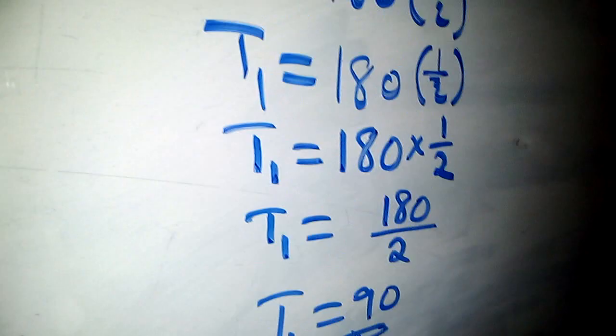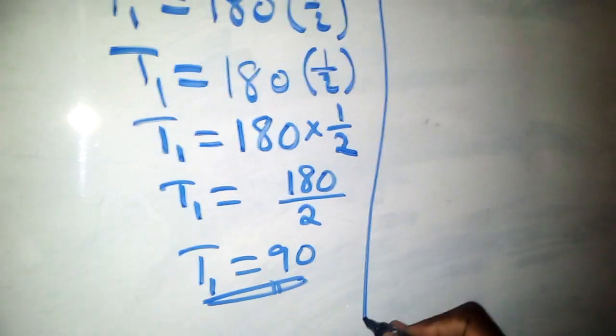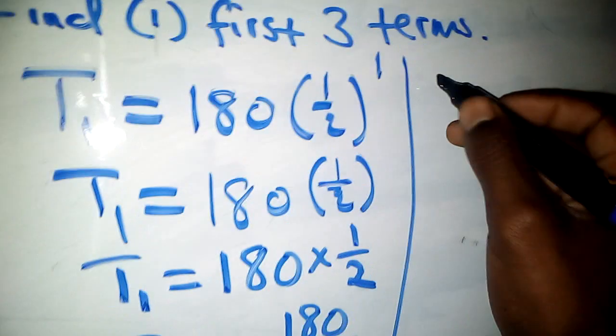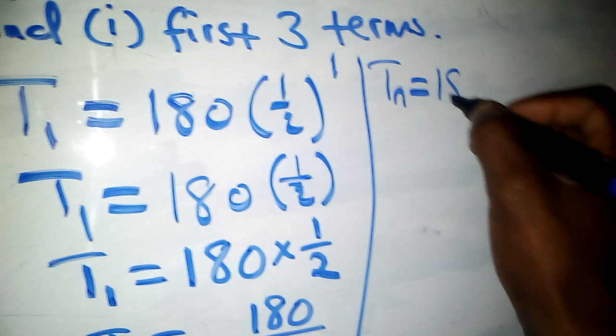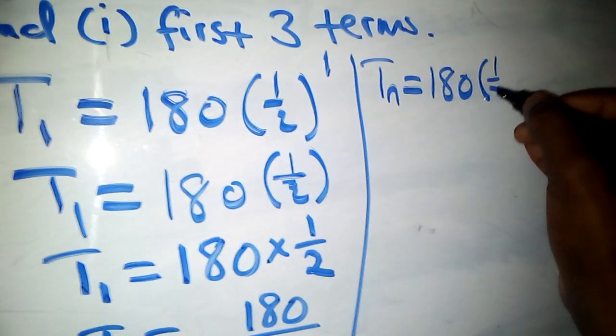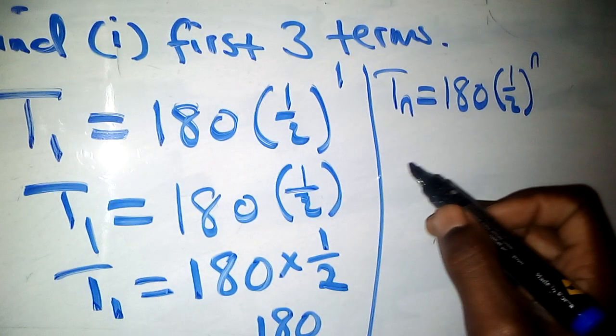Let's move on to the second term. We use the same concept of the formula that has been provided for us, and this is Tn equals 180 open parenthesis 1/2 to the n power. This time, where we have n, we put 2.